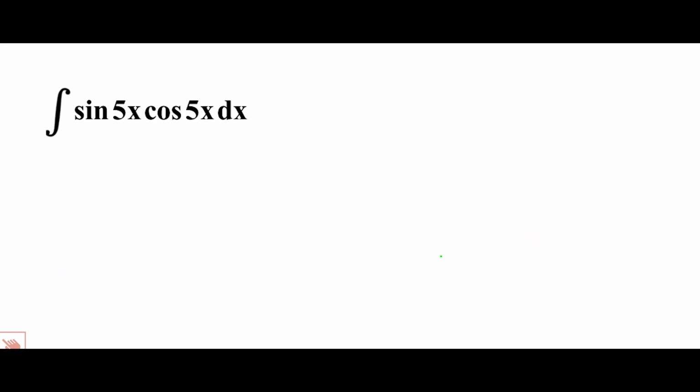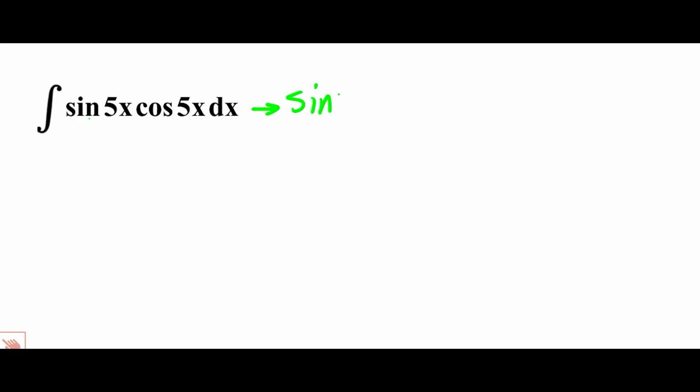And finally, look at this one. The integral of sine of 5x times cosine of 5x dx. You could use the product to sum formula, but there is a faster way. Remember the double-angle identity. We know that sine of 2 theta equals 2 sine of theta times cosine of theta, right?